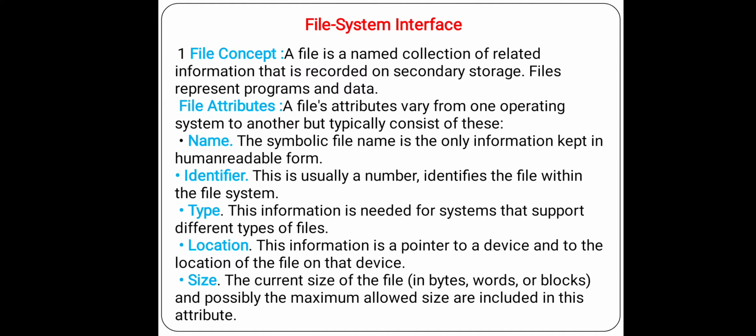File system interface. First, what is meant by file? Hope you all know the definition of a file. A file is a collection of records, and the records may contain related information. That is nothing but file.